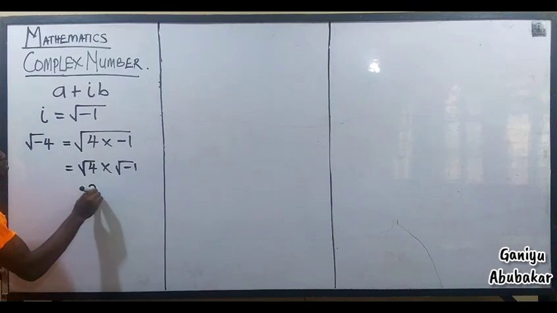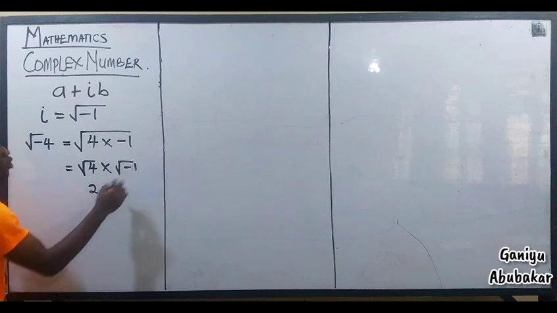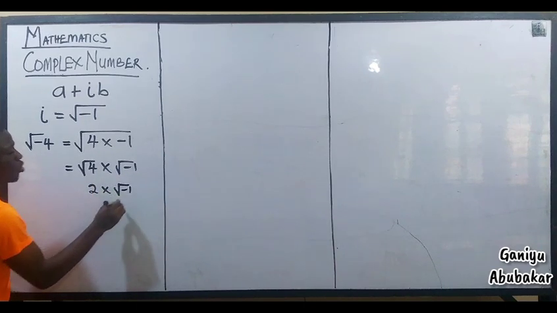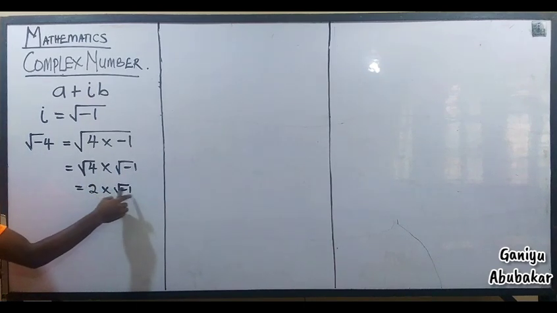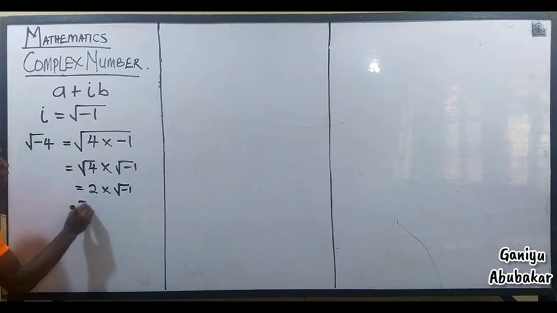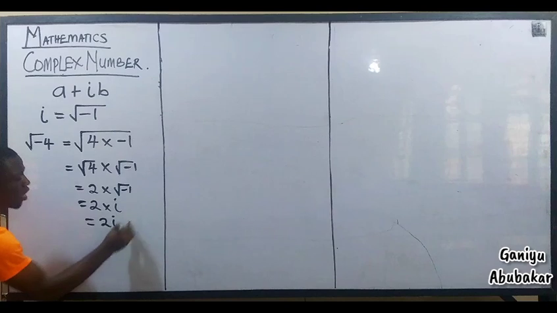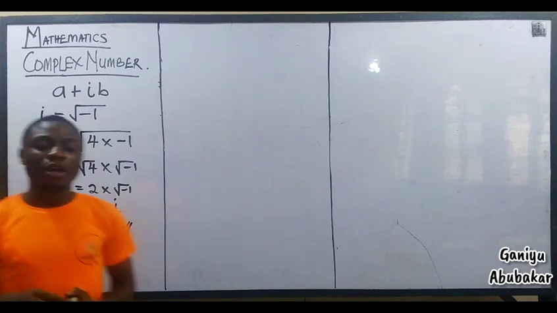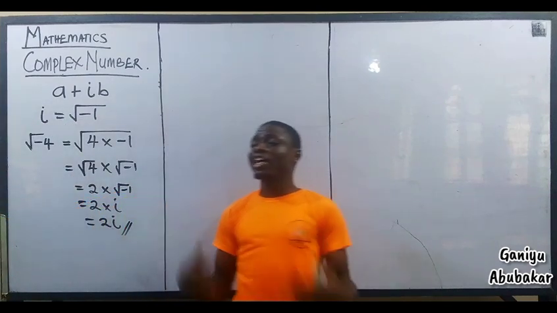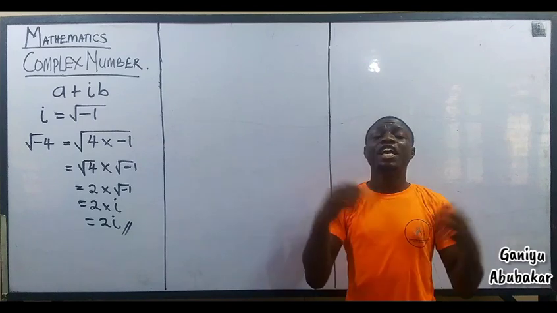Root 4 becomes 2, times root minus 1. But we just said root minus 1 is what? i. So I have 2 times i, which is equal to 2i. So complex numbers have now given us the ability to find the square root of a negative term.